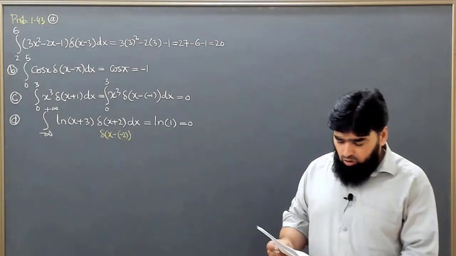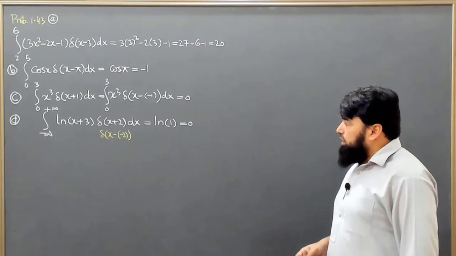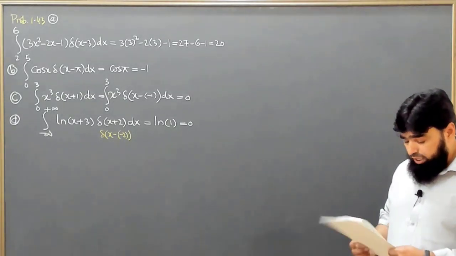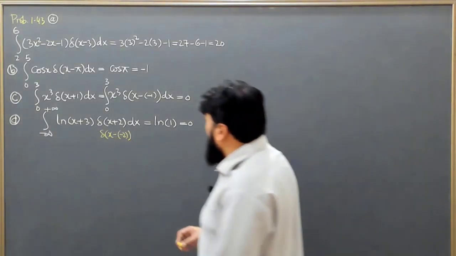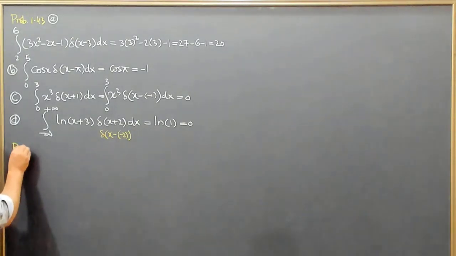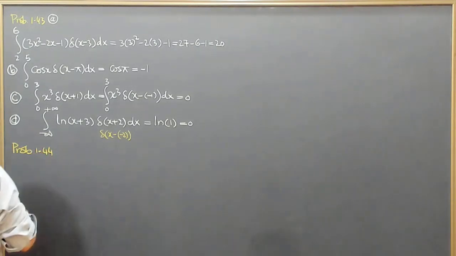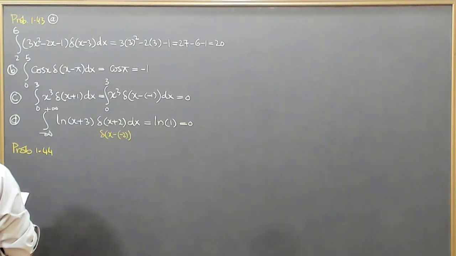Now the purpose of solving these problems is to understand how the Dirac delta function works and how things can be calculated. Similarly, in problem 1.44, we are given some integrals based on the Dirac delta function.